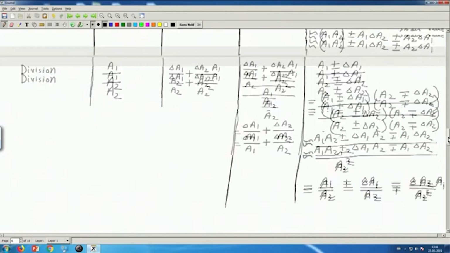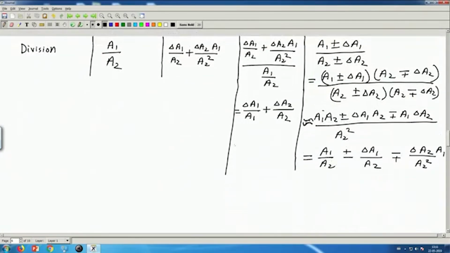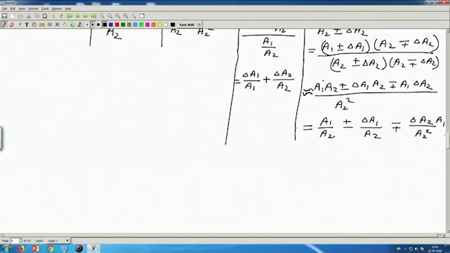So the important result is that the relative error gets added in product or division.